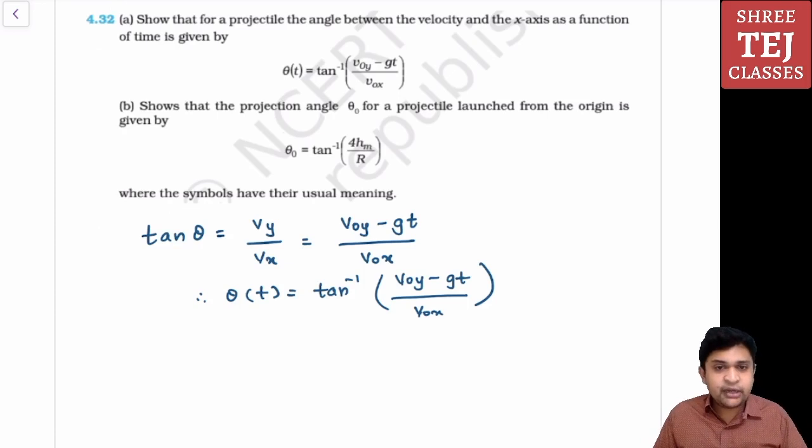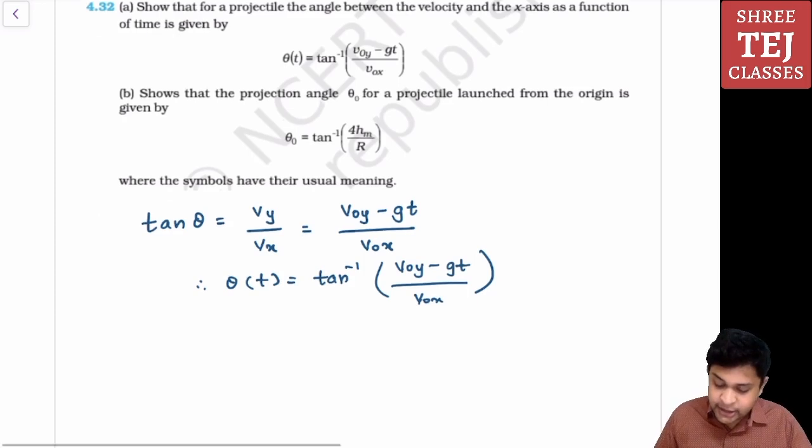In the second part, we have to show that projection angle theta naught, which is at the start, is equal to tan inverse of 4 hm, which is the maximum height reached, divided by range.